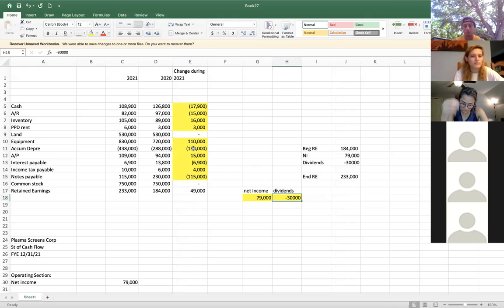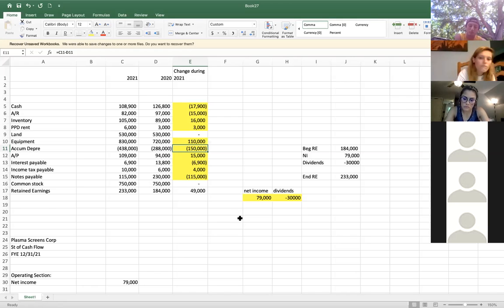I also need to make sure that the change in my accumulated depreciation equals depreciation expense. And then if I had sold any land, we didn't in this one, I need to know whether I had a gain or a loss from the sale of land. That would be another adjustment that we would need to do.